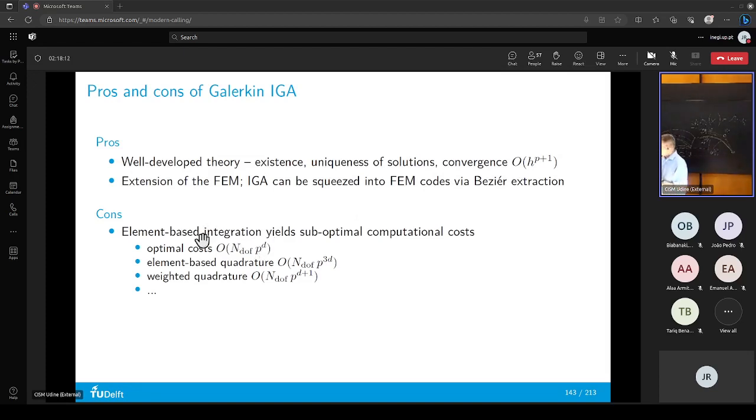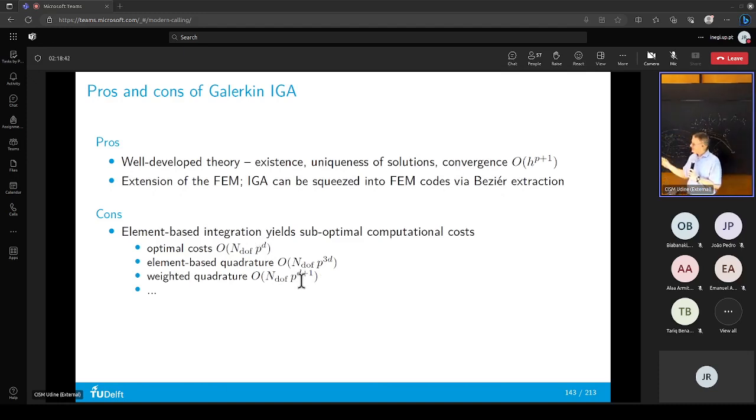If you do it really element-based as I presented it, it scales three times worse. It's not p to the d, but p to the 3 times d. Many attempts have been made to reduce the cost. Some of the better ones bring it down to p to the d plus 1. So we are still a little bit away from the optimum.